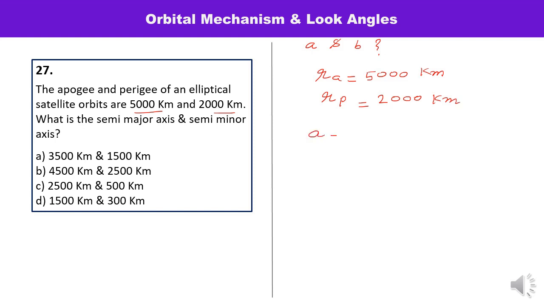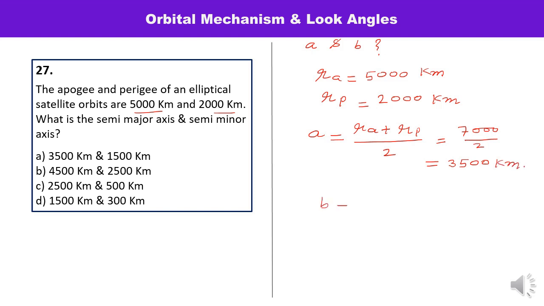kilometer. A is what? RA plus RP upon 2, which is 5 plus 2, 7000 upon 2. So its value is coming out as 3500 kilometer.